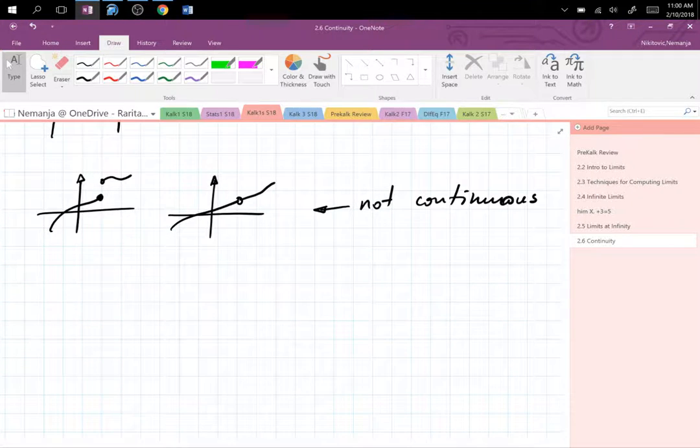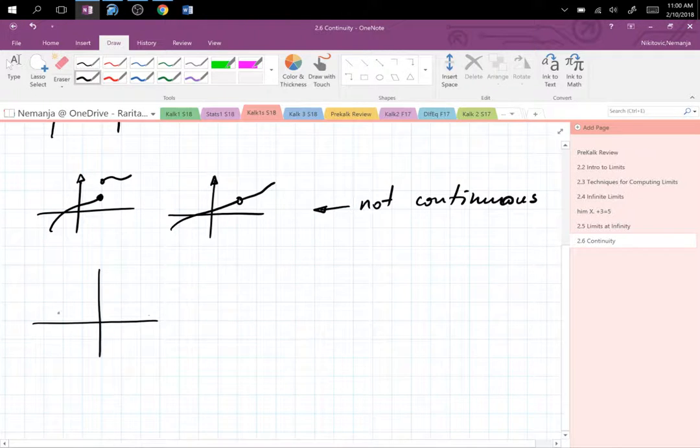Here's why. We talked about vertical asymptotes, right? So if you have a vertical asymptote, like in this case 1 over x, these ends where the vertical asymptotes are trying to go to infinity.